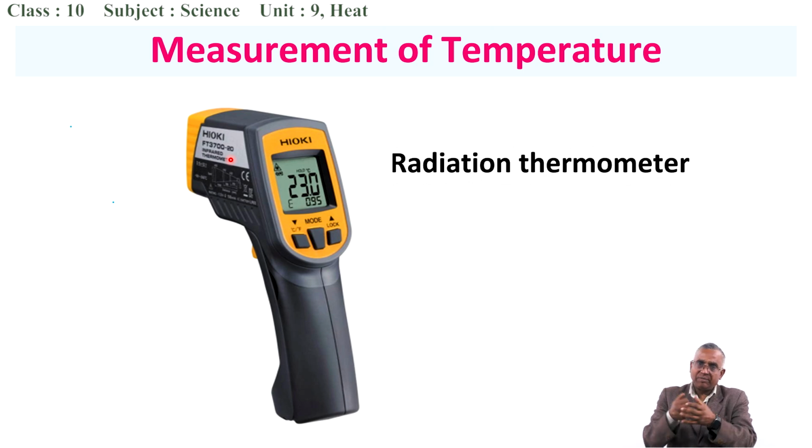There also it can be measured. Yes. And after that the sensor changes, or here some transducers are also found which change one type of energy into another type, and the temperature is displayed here. We can read the temperature. It is a radiation thermometer. Okay.